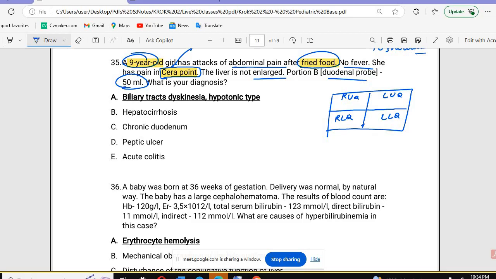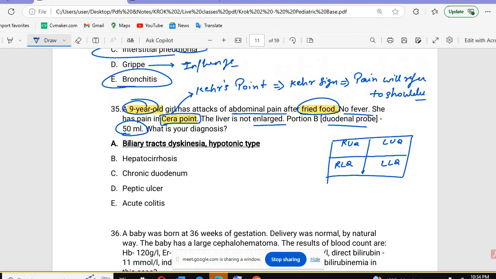So this patient has pain after fried foods, at Kehr's point. You have to remember this is present on the side of the liver. And when the pain refers to the shoulder, this suggests some kind of biliary disorder.